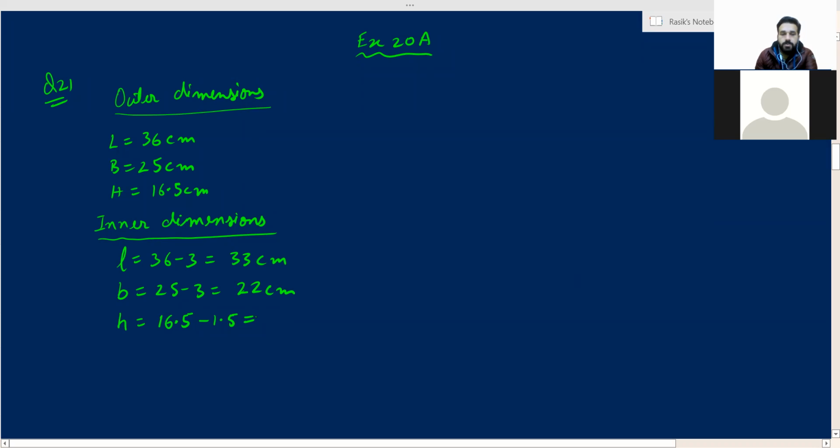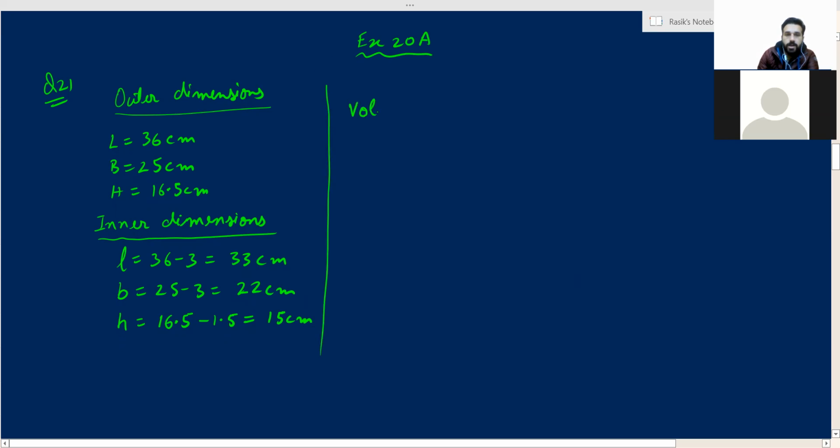So you will subtract only 1.5 centimeter for the bottom thickness of the iron. So you get 15 centimeter as the inner height of the box.